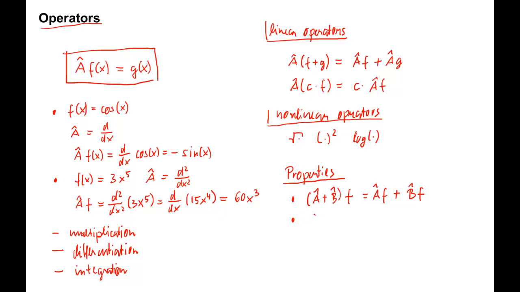The combination of two operators, a b f, is supposed to mean that b operates on f first, giving a result which is then operated on with a. The nth power of an operator indicates n successive applications of the operator. For example, a to the fourth operating on f is equal to a operating on f four times in succession.